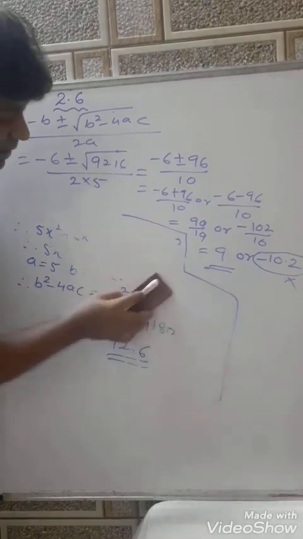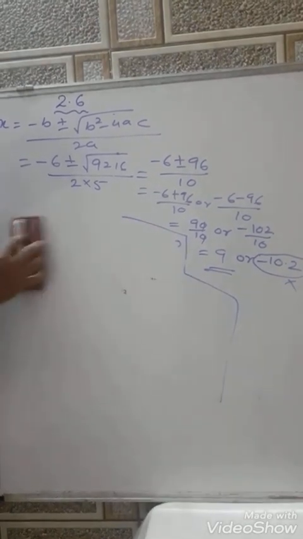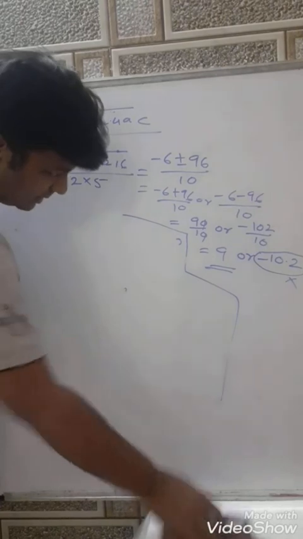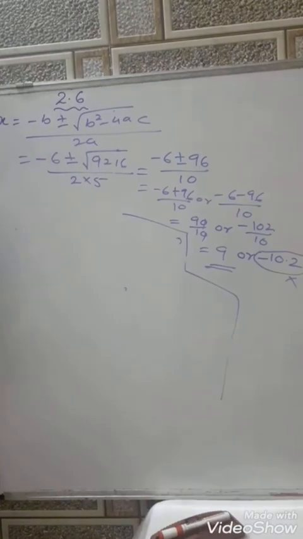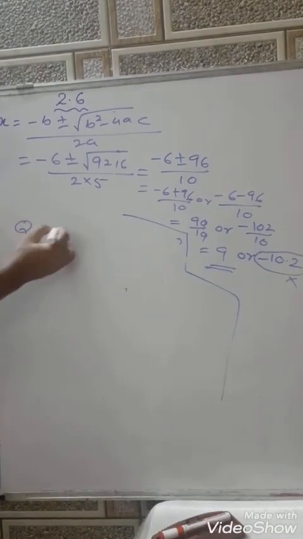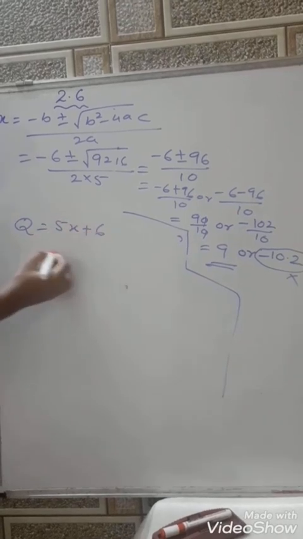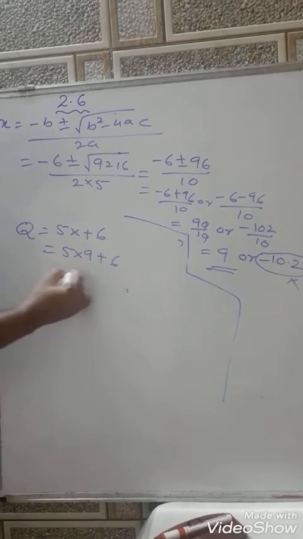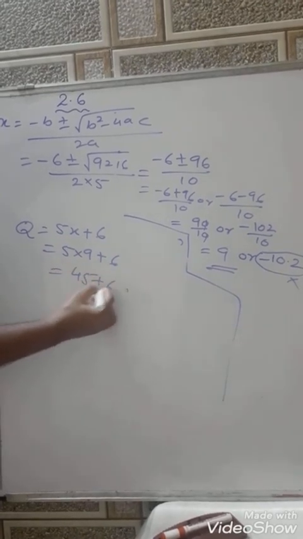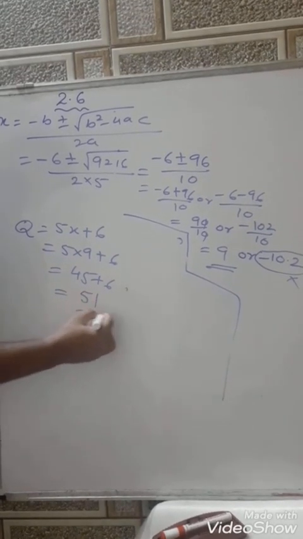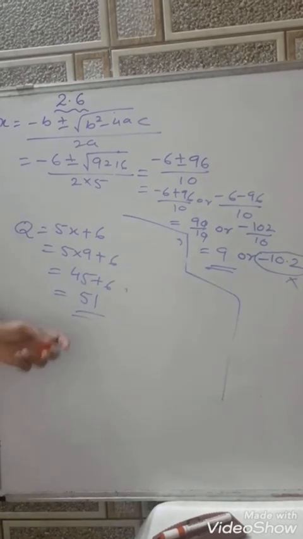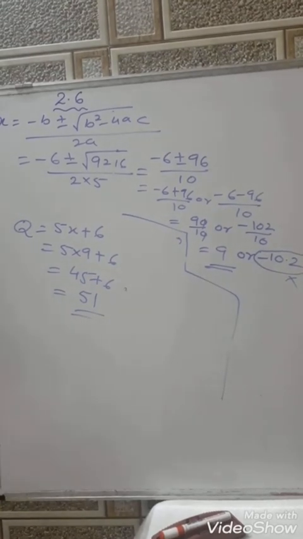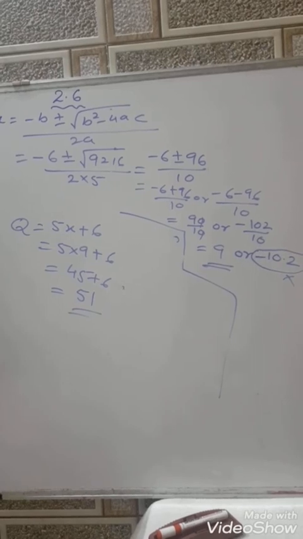The quotient is 5x plus 6. So 5 into 9 plus 6, that is 45 plus 6, which is 51. Quotient is 51 and divisor is 9.